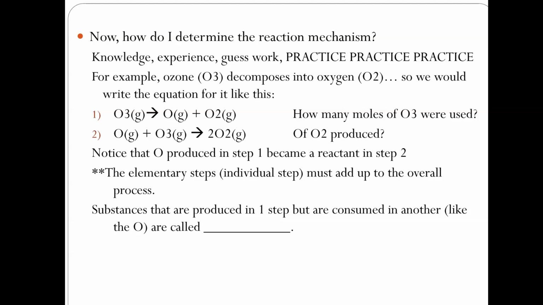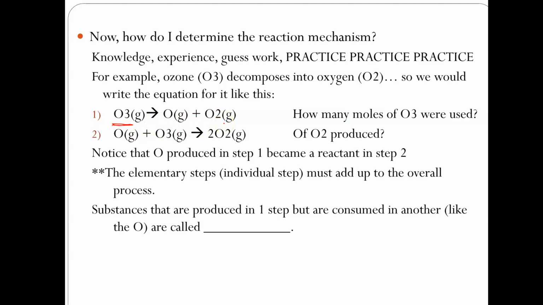Ozone, which is O3, decomposes into oxygen. So the way that you would write the reaction mechanism is we start with O3, and that's first going to produce an oxygen plus two atoms of oxygen. So we have O plus O2. The reaction is balanced.